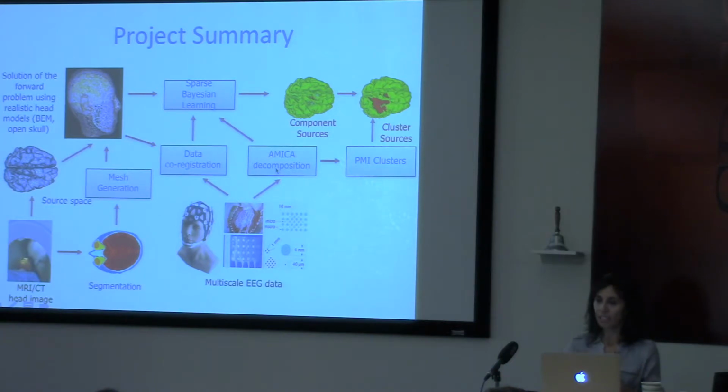We filtered the seizure components, and we applied source localization for these, and we showed each component one by one, and then the resulting sources, the 13 seizure sources, on the patient's brain surface.